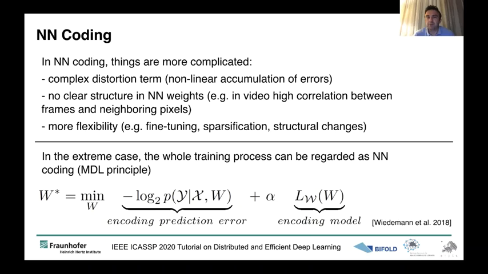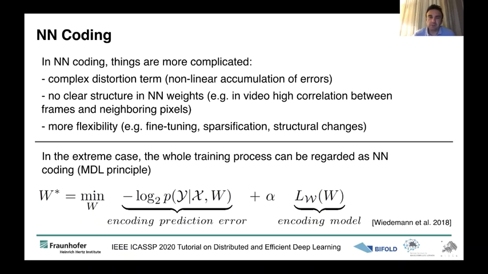In video and images, you have high correlations between frames and between pixels, and people make use of these correlations to further compress. There is this concept of prediction coding, transform coding, and for neural networks, it's unclear how to use these more advanced coding techniques, because there is no clear structure in the weights.